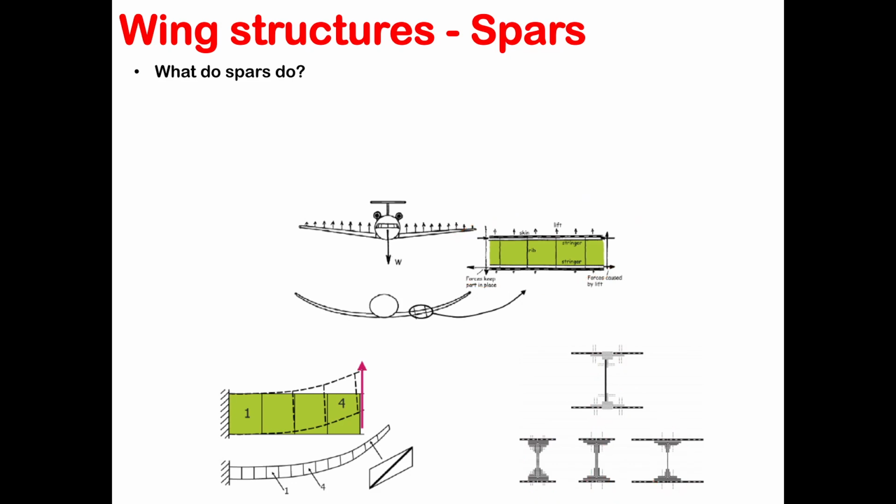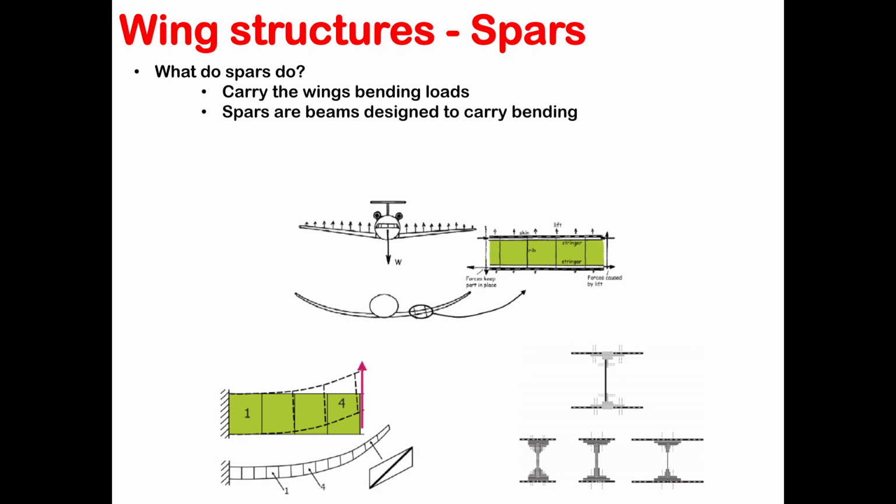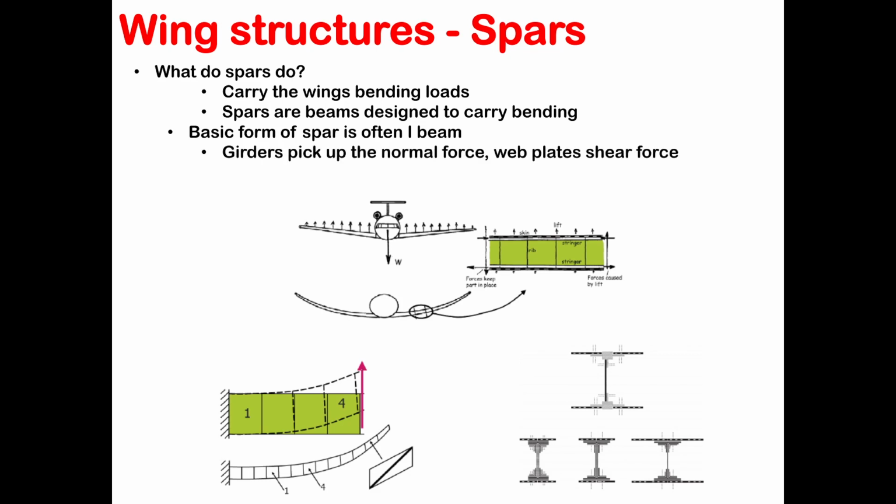They have similar functions to the ribs. They carry the wing's bending load. The spars are beams designed to carry bending load, as mentioned before. The basic form of a spar is just a regular I-beam. Girders pick up the normal force, web plates pick up the shear force. So girders are responsible for the normal force, web plates are responsible for the shear force.